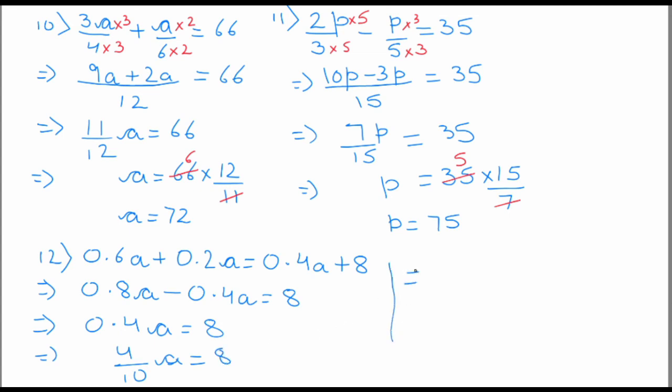We'll take 4 by 10 to the right hand side, and we'll write 10 by 4. And when we cut this 4 with 8, it will be 2. So the value of A will be 20 over here. I hope you are understanding every bit.